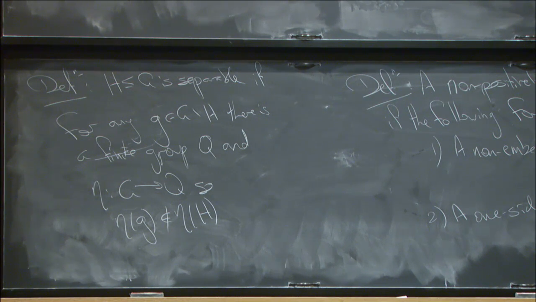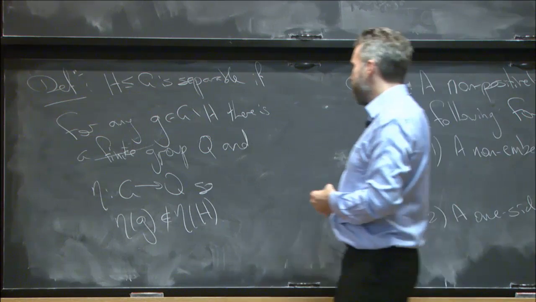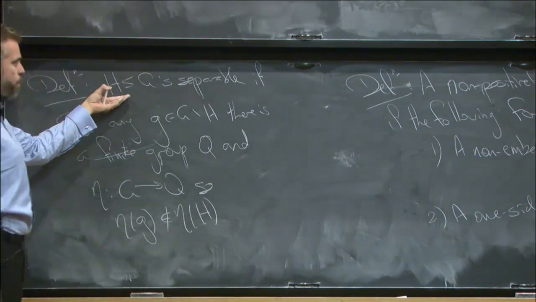So G is residually finite if the trivial group is separable. You can witness that things are non-trivial in finite quotients. This is a generalization of that to certain subgroups.